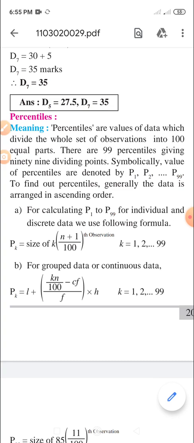There are 99 percentiles, that is P1, P2, P3, P4, P5, P6, P7, P8, P9, P10, P11 up to P99. P stands for percentiles. There are 99 percentiles.